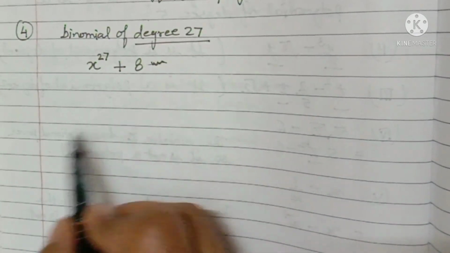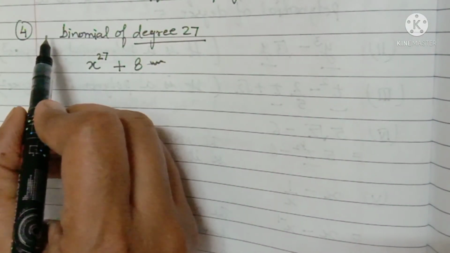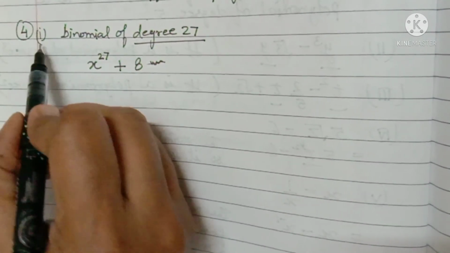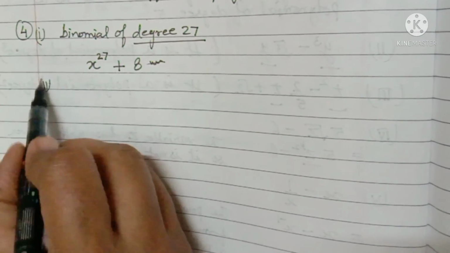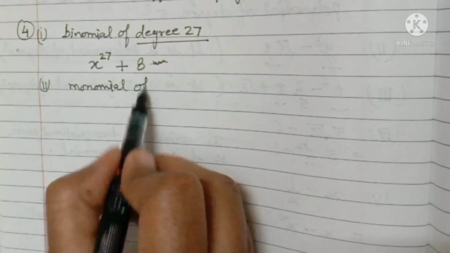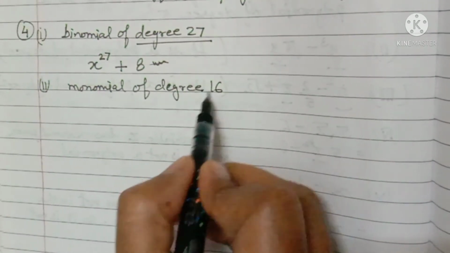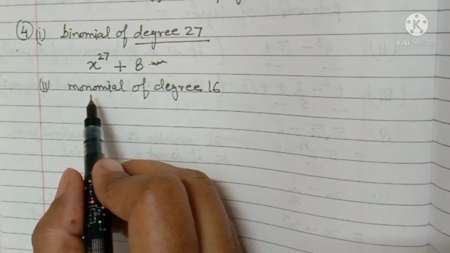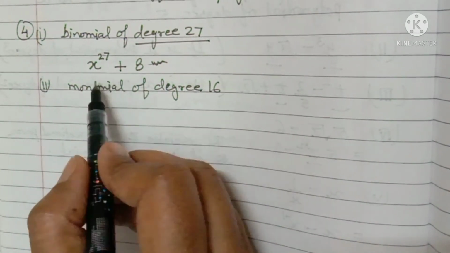Now next, this is part 1. The second part is a monomial of degree 16. Monomial means a single term, only one term. Take another variable.